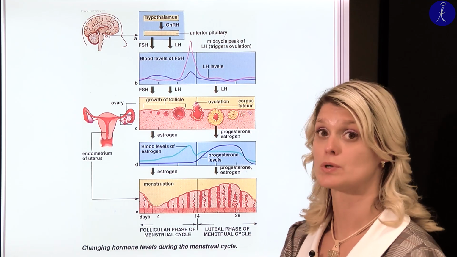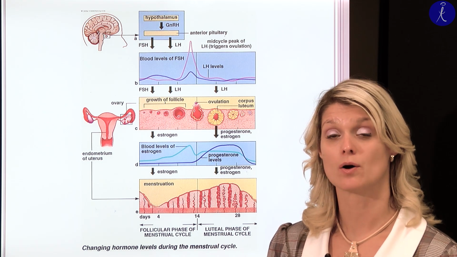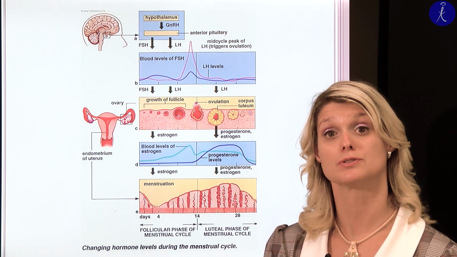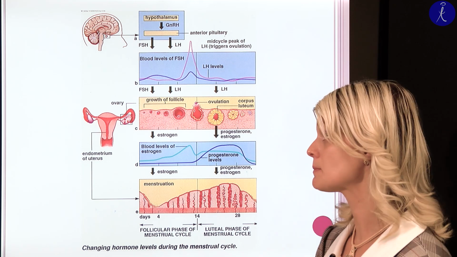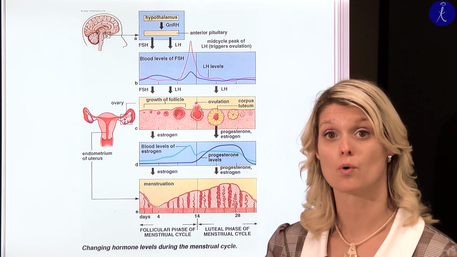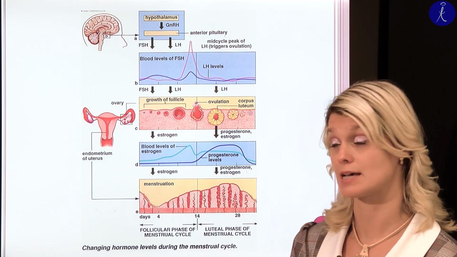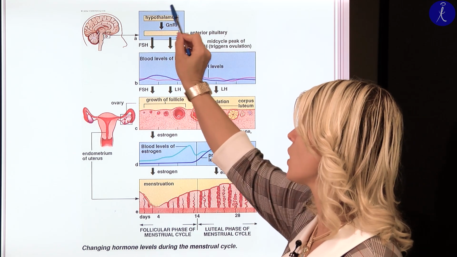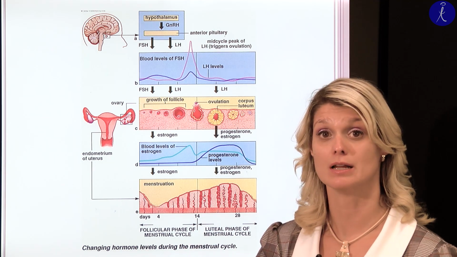This picture was a very important part of the first lecture, so I would like to repeat it with you again. Here you can see the hormonal regulation of the whole menstrual cycle. At the top, we can find the hypothalamus.